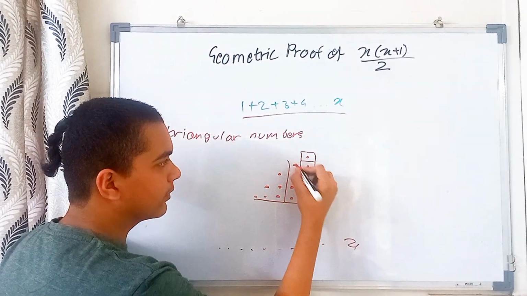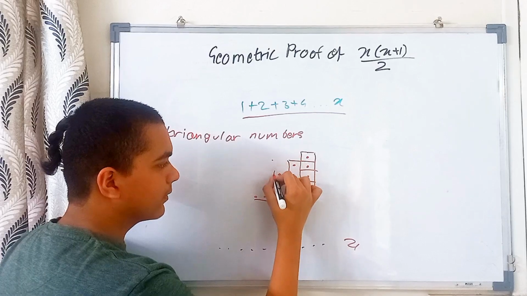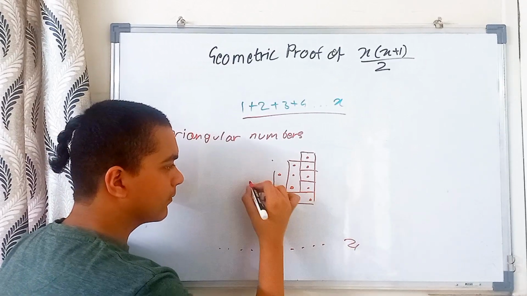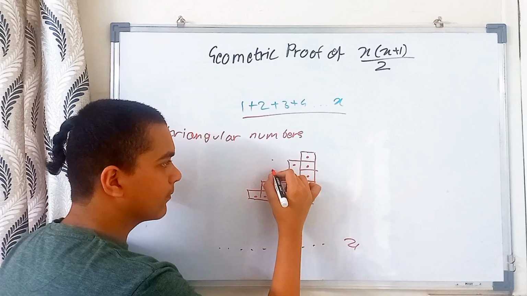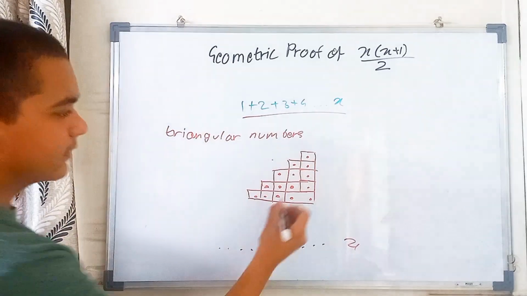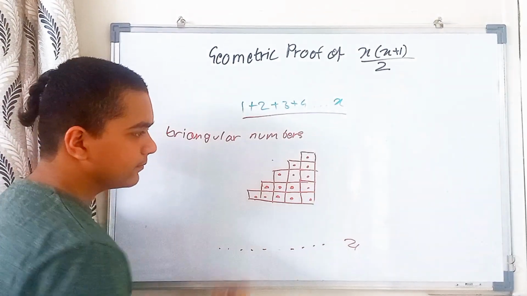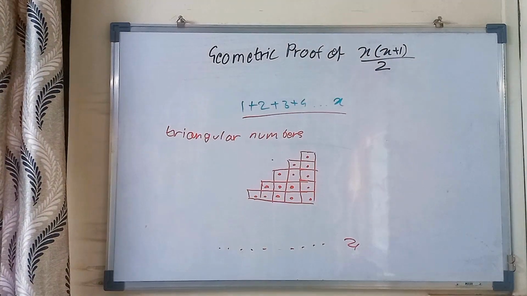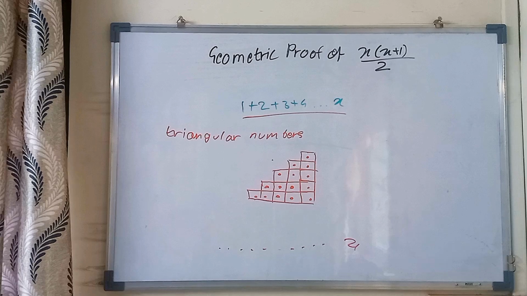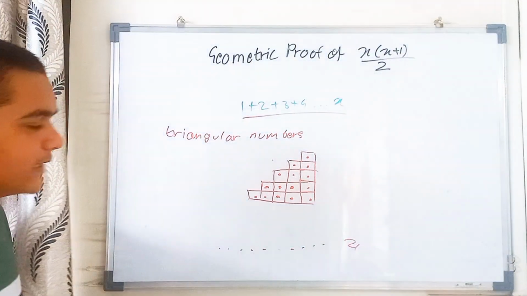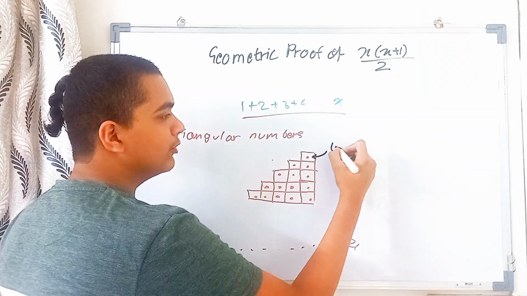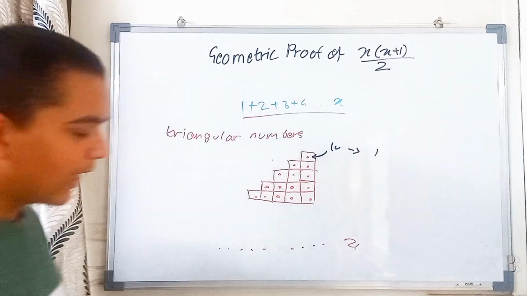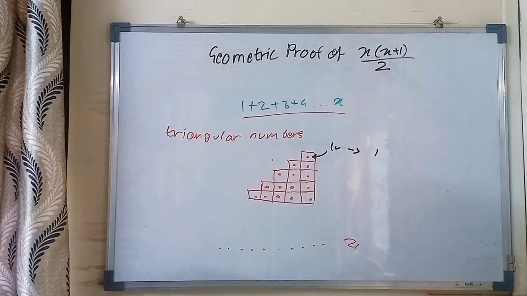Let me just make the grid over here. Okay, there is our grid, and we can actually take the grid, and if we find each area, 1 unit of area represents one number, so it's 1 unit square.